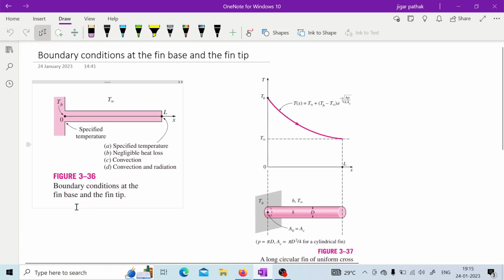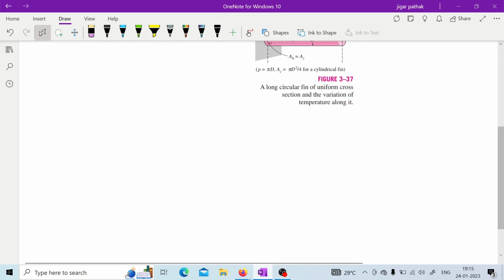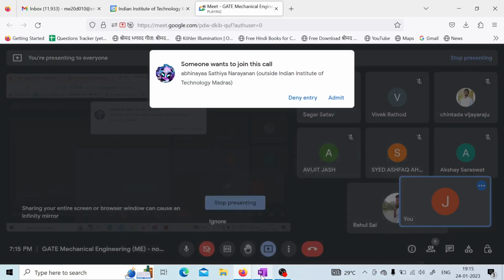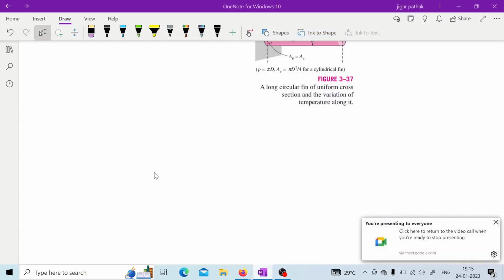If you see here, at x is equal to L we can have different boundary conditions. As mentioned, you can have specified temperature, negligible heat loss, convection, and convection and radiation both. So we are considering all cases one by one.